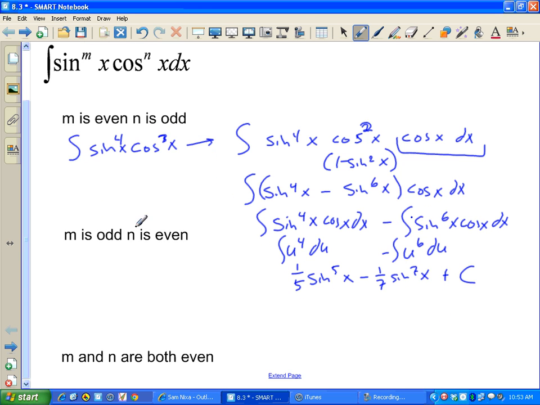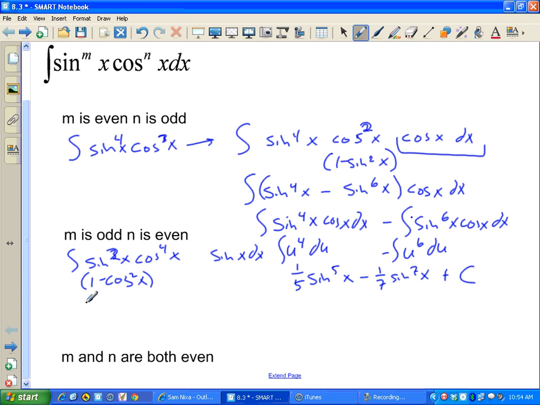If m is odd and n is even, it's pretty much the same thing, only this time I'm going to pull a sine out. So let's have sine cubed x cosine to the fourth x dx. I'm going to pull one of these sines out. Turn the sines into cosines, so this would become 1 minus cosine squared.